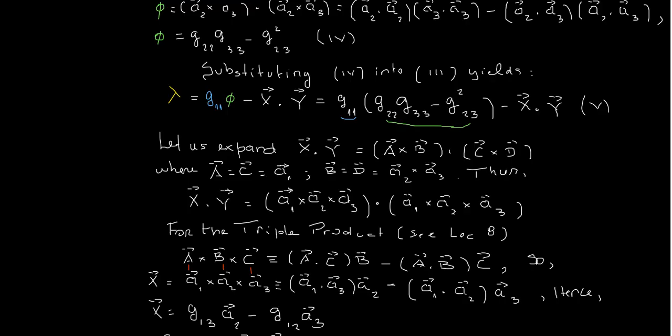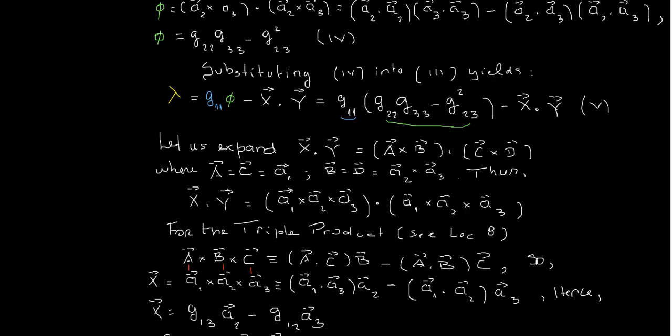Why? Because I have A1 cross this cross here, and the B is already a cross. So that's why I have a triple product. That's easy to follow.